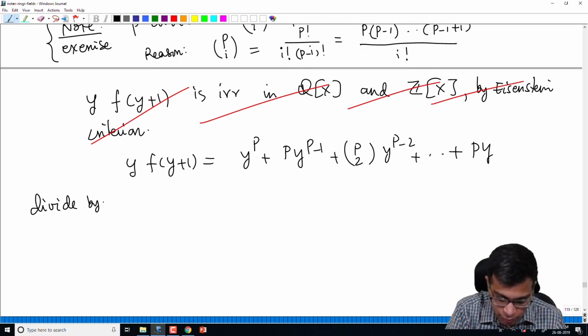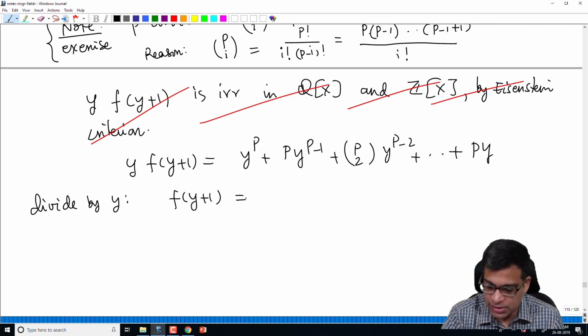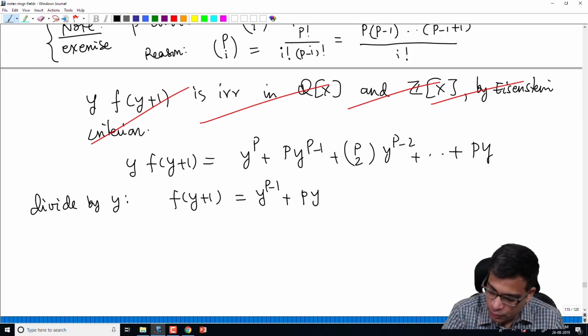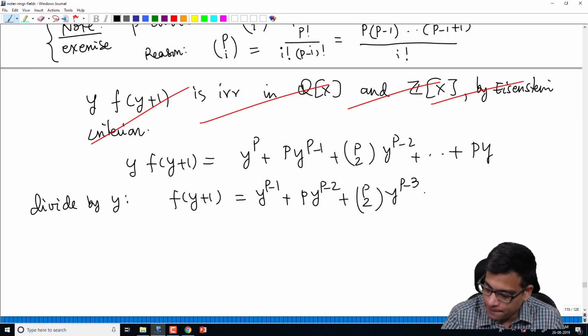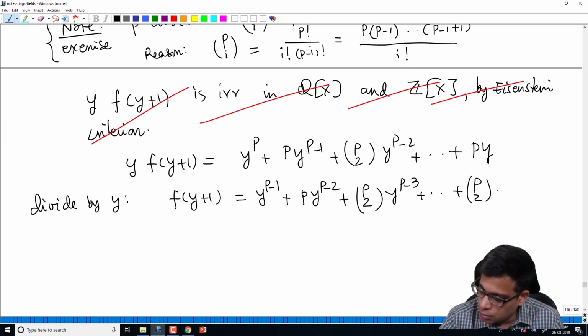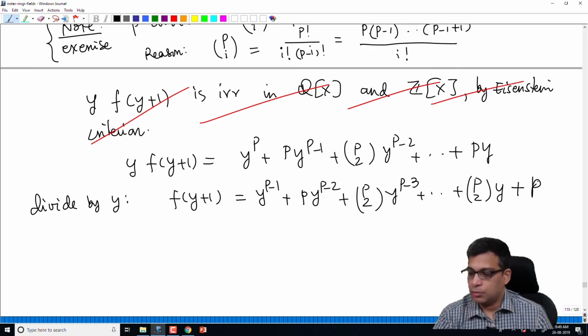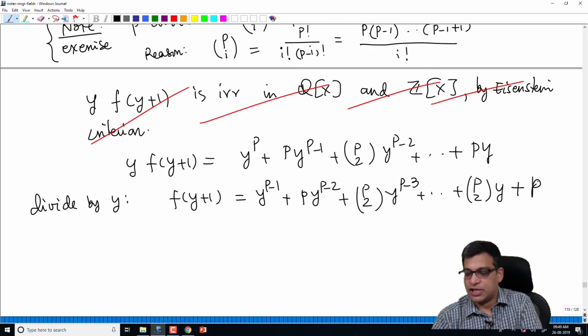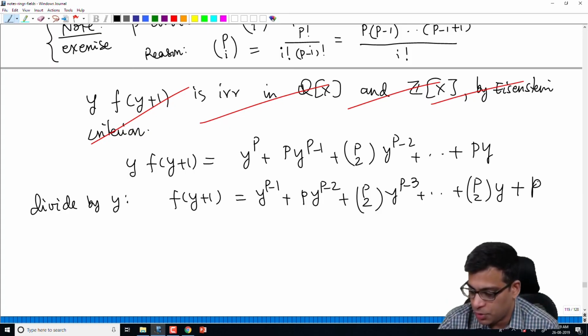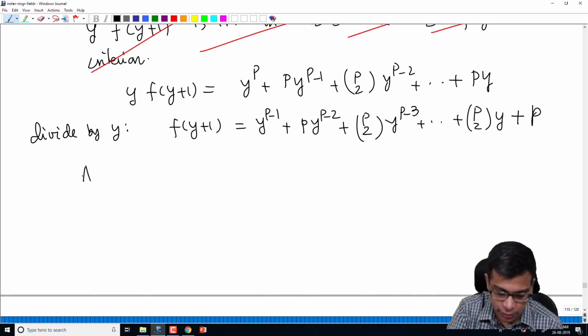What I get is f(y+1) is y^(p-1) plus p y^(p-2), p choose 2 y^(p-3), ... p choose 2 y plus p. If I divide the previous term by y, p choose 2 y squared becomes p choose 2 y, plus p. Now apply Eisenstein criterion.